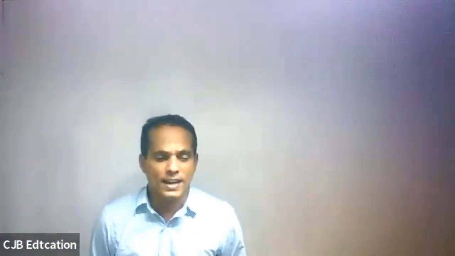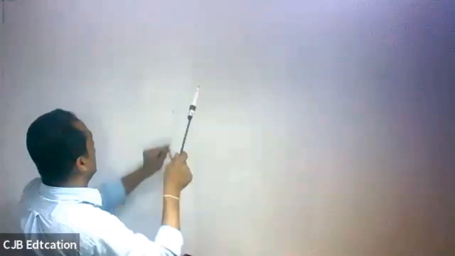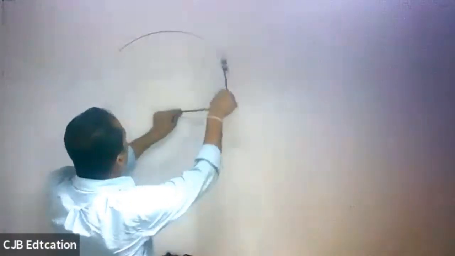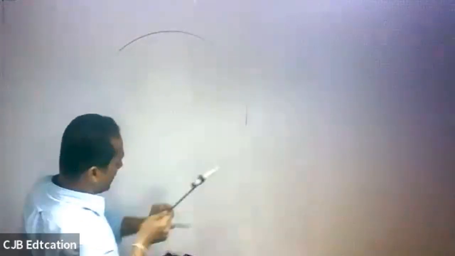Right. In the next question, given, draw a circle of radius 4 centimeters and name its center O. Now we have to take the 4 centimeter distance with the compass, put the tip on the point O and draw a circle for that radius.